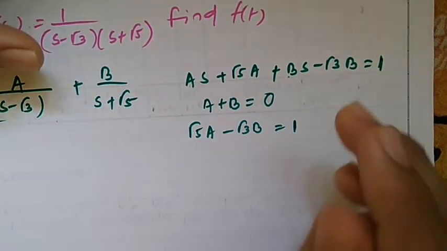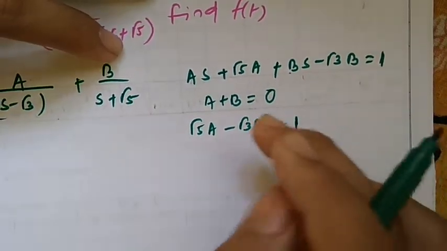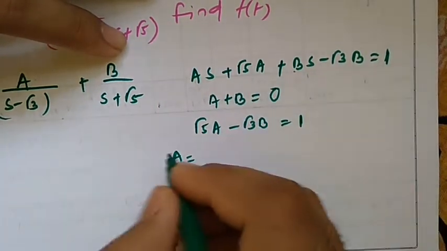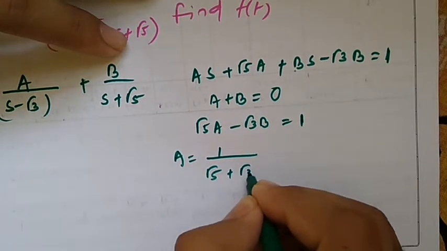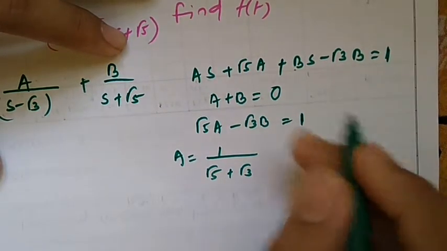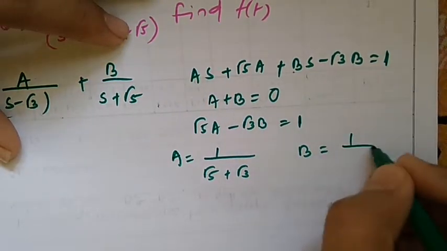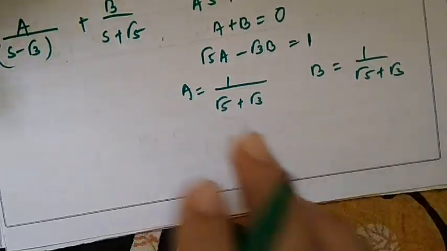These are two equations, and we have to solve them to find A and B. They are two simple equations. By solving, we have A equal to 1 by (2 root 3), and B equal to minus 1 by (2 root 3).